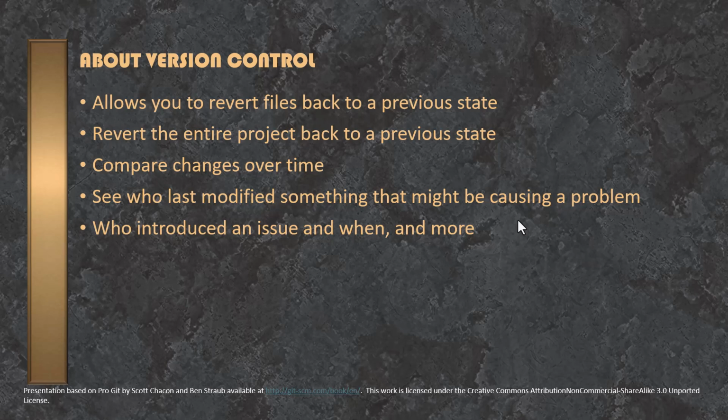So first, to understand Git, you need to understand what version control is. And so version control essentially is the technology that gives you the ability to revert files back to a previous state. And so in order to do this, what version control systems do is they store your files in different states over time.